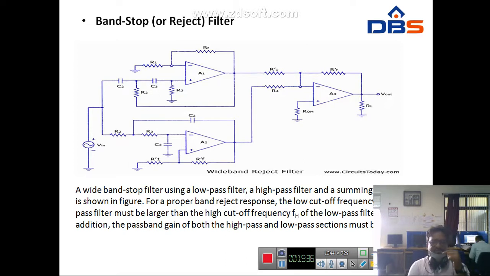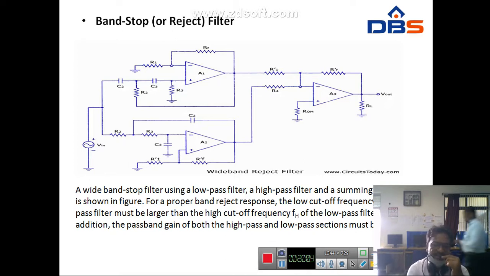The wide band stop filter is built using a low pass filter, a high pass filter and a summing amplifier, as shown in this figure. For a proper band reject response, the low cutoff frequency FL of the high pass filter must be larger than the cutoff frequency FH of the low pass filter.